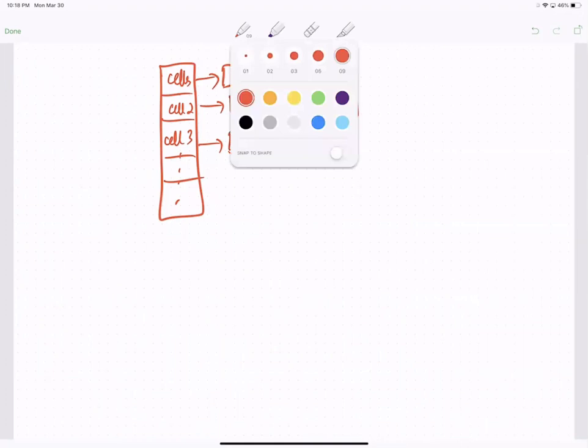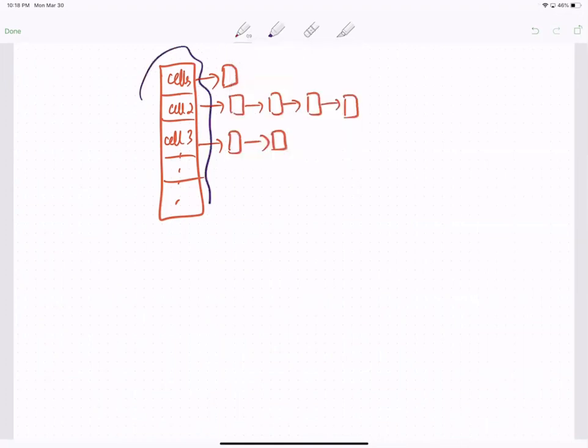And then for all of these cells, we'll construct a hash table.